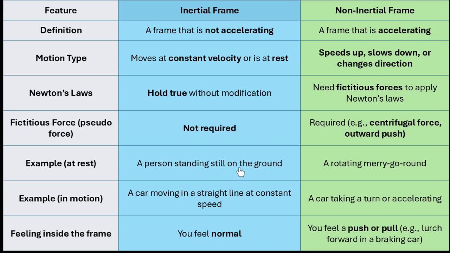A person standing still on the ground is an inertial frame. A person observing the motion while on a rotating merry-go-round is a non-inertial frame. Now, you might be wondering, when a person is standing still on the ground, part of the earth is rotating, and therefore shouldn't that be a non-inertial frame?